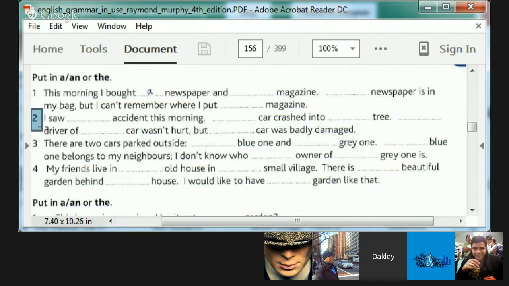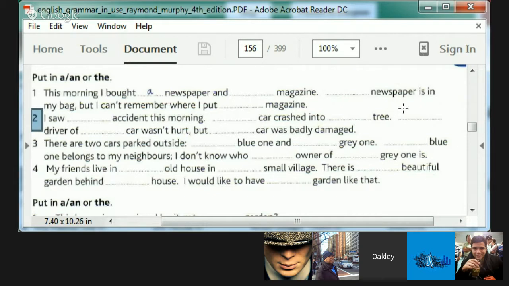I saw an accident this morning, one of many possible accidents. A car, one of many possible cars. I don't know which car. Was it a BMW? Was it a Ford? I don't know. A car crashed into a tree. Lots of trees cars can crash into. A car crashed into a tree.